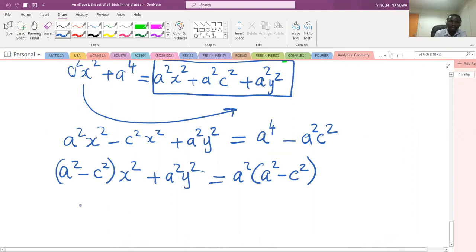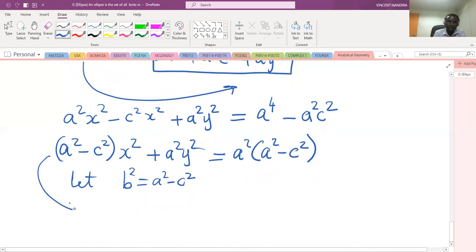So let b squared be given by a squared minus c squared. Remember, the square of any number is always positive. So since the square of a minus the square of c is positive, then to be sure that what we're fixing is a positive value, it must be a square. So that's why we have b squared in place of a squared minus c squared.